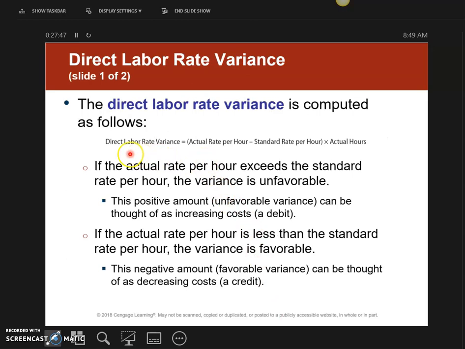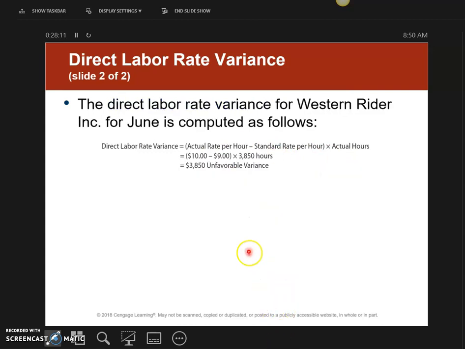Here's the most important formula you need right now. Right here. My direct labor rate variance. So we're going to take one at a time. First we're going to do the labor rate, then we're going to do the time. Actual rate minus standard rate, or AR minus SR, times actual hours. Make sure you put the actual first so that when you subtract, you're not in the wrong direction on the sign.